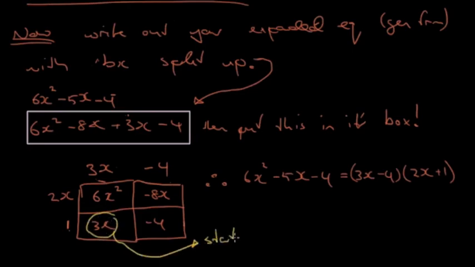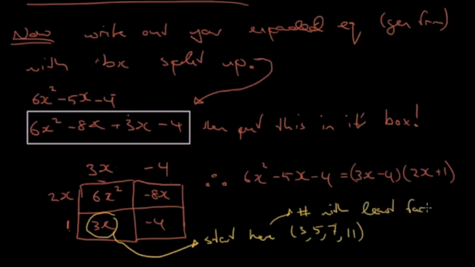Numbers like 3, 5, 7, 11. Prime numbers are really good ones. Or a number with the least factors.